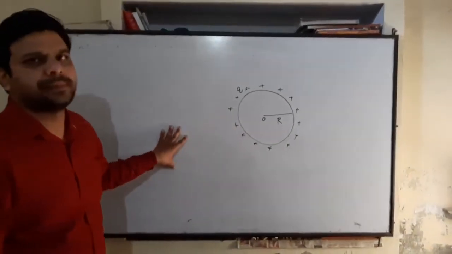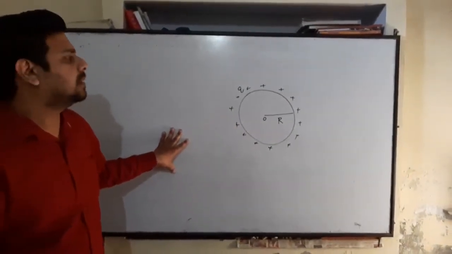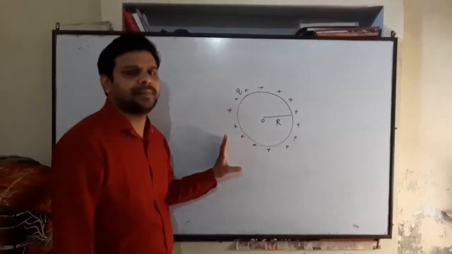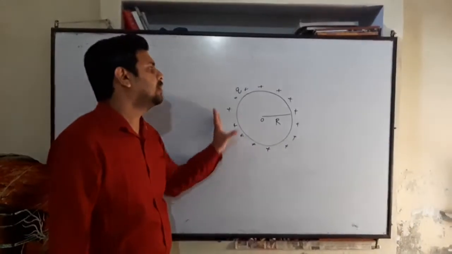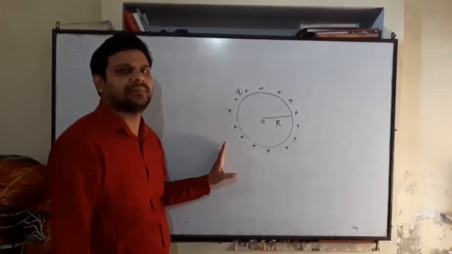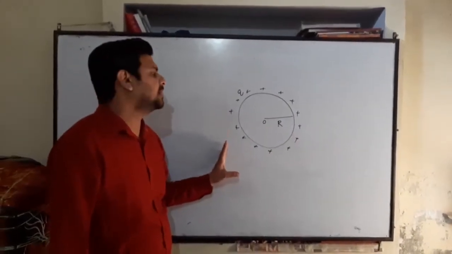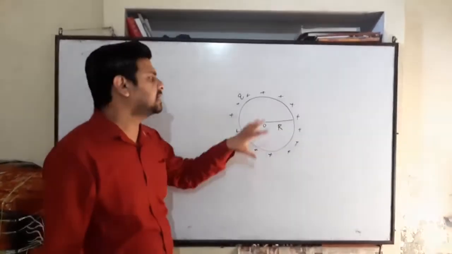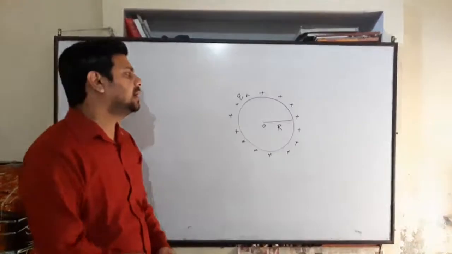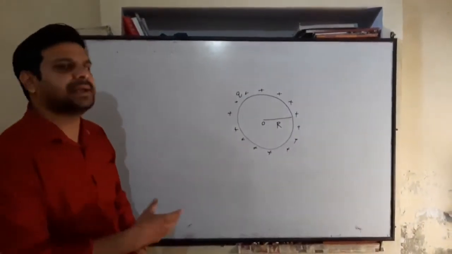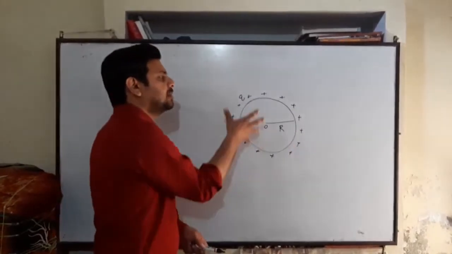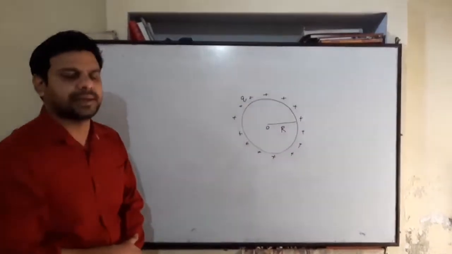One thing you should remember: if we give some charge to a metallic conductor, it appears on the surface of the metallic conductor. It does not reside inside the conductor. It is uniformly distributed over the surface.